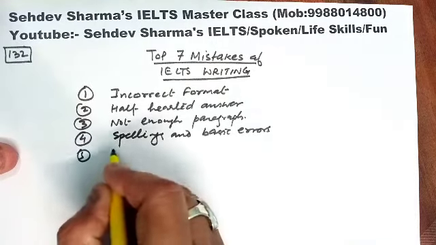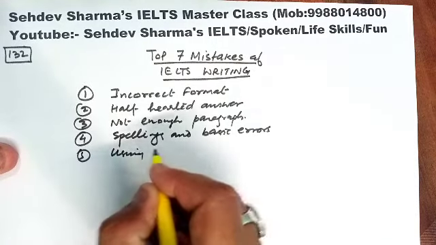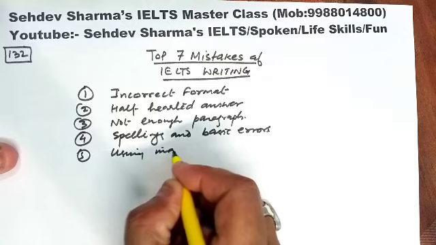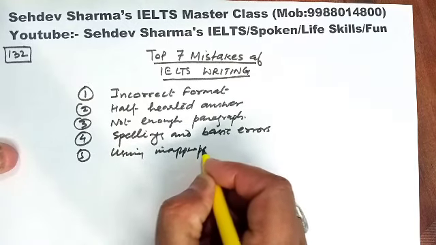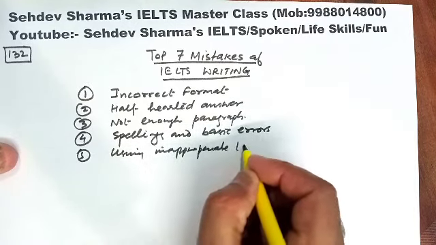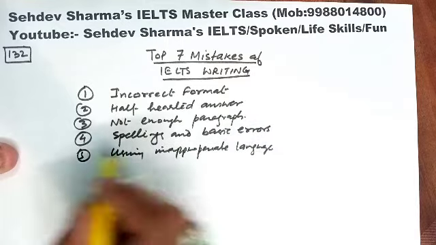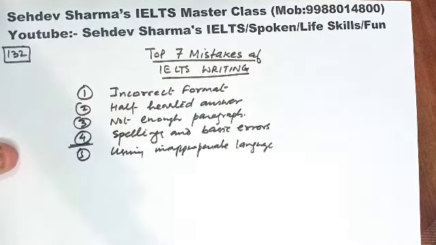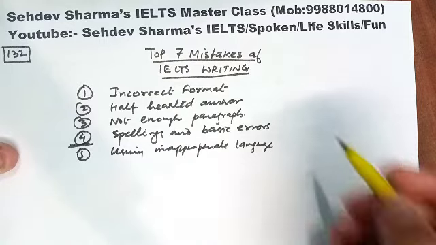Next is using inappropriate language. This I already covered in point 4 also. See, every word has a special meaning. Here I would like to give you one very simple example.